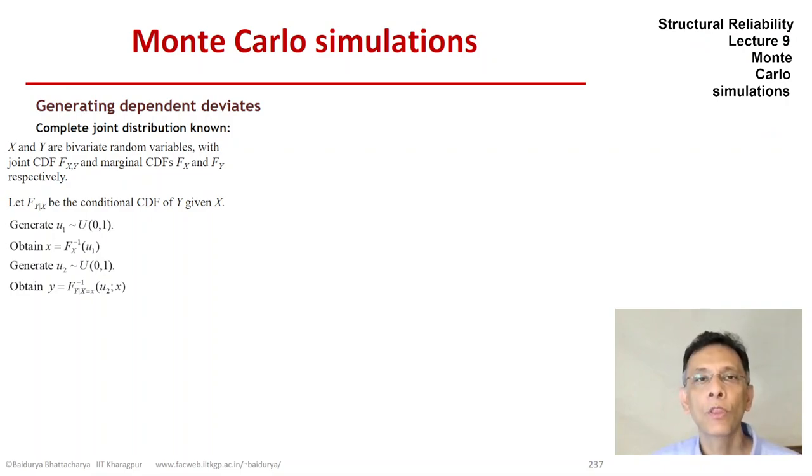So this way we preserve the dependence information while making use of the IID uniform sequence.